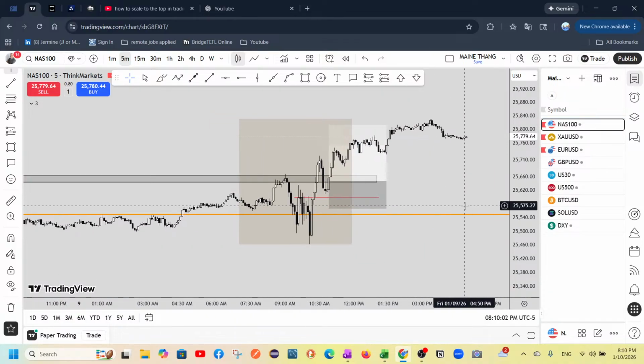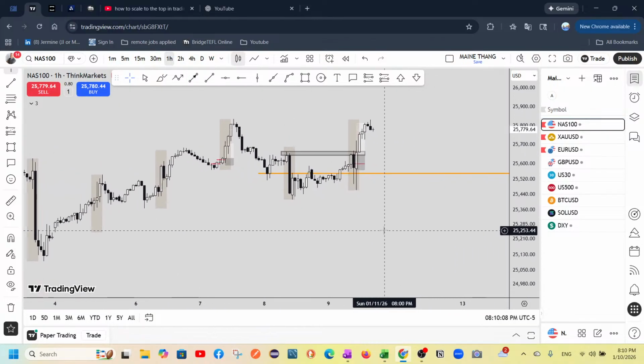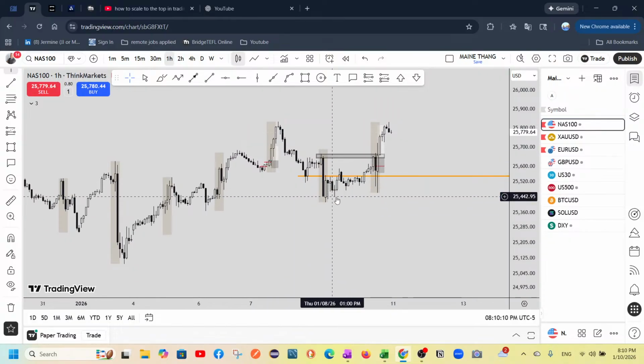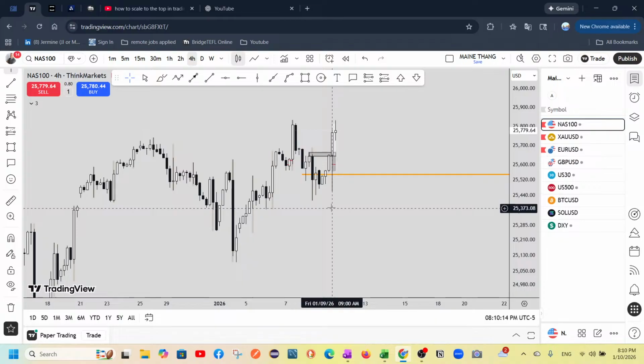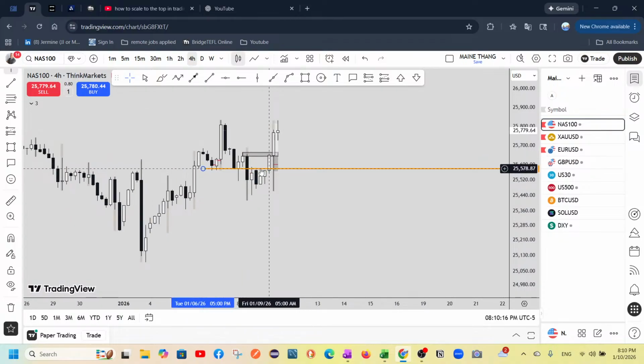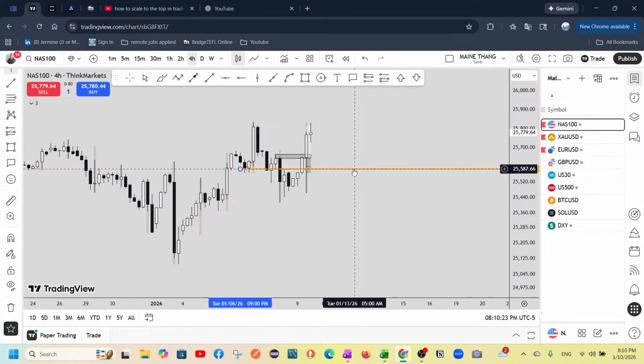So this was a good example of why you should follow the higher time frames, right? Because we knew that although the 1 hour is breaking structure to the downside, the 4 hour, if you want to consider this a low, kind of broke structure as well, but it didn't hold up on the correction, right?